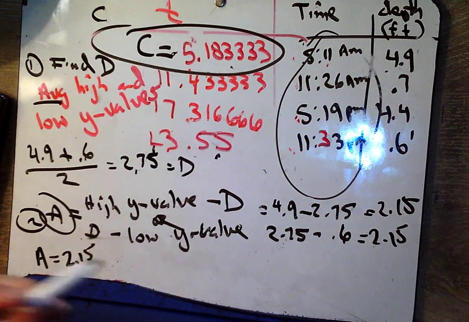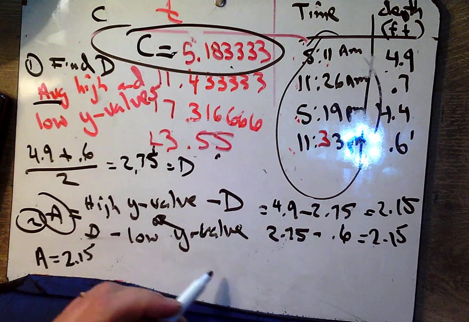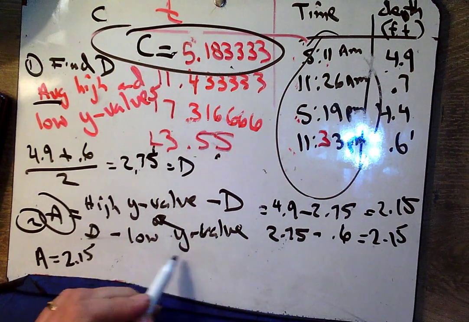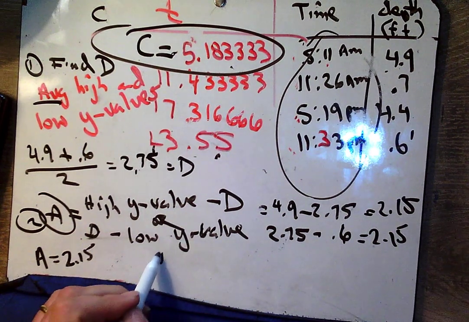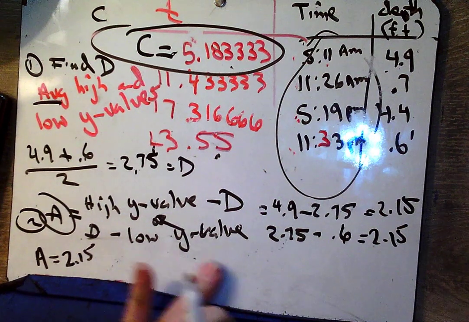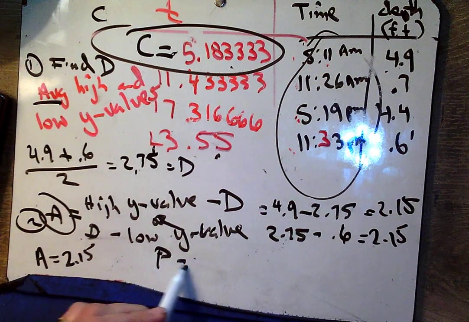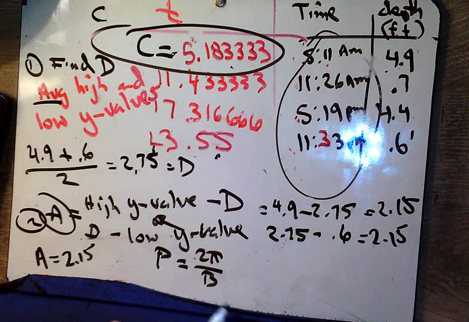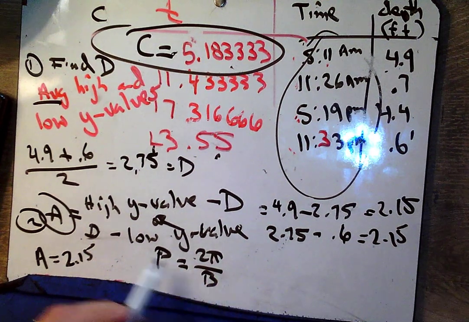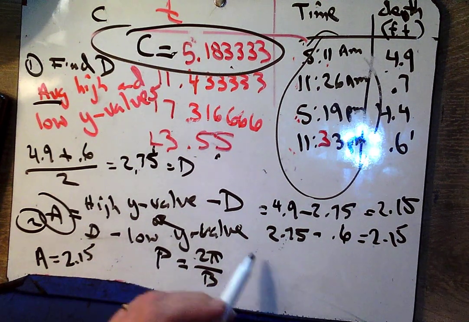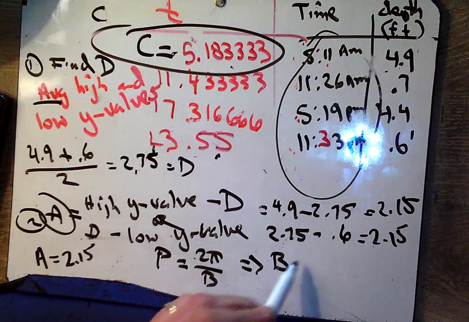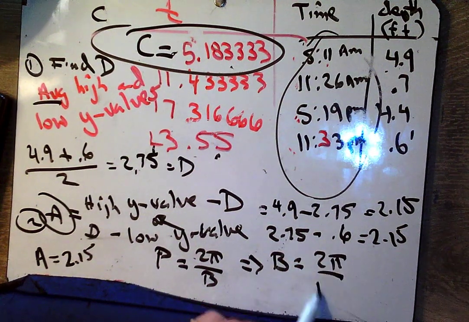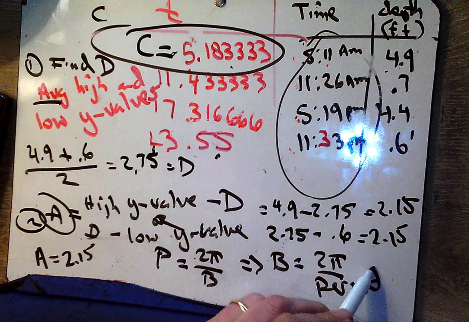Now, remember that back in our trig graphing unit, we said that period was 2 pi over B, but now I'm going to multiply both sides by B and divide both sides by P to get B equals 2 pi over the period.